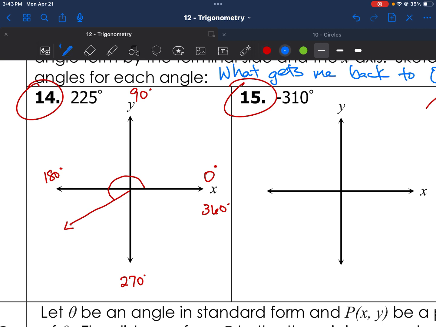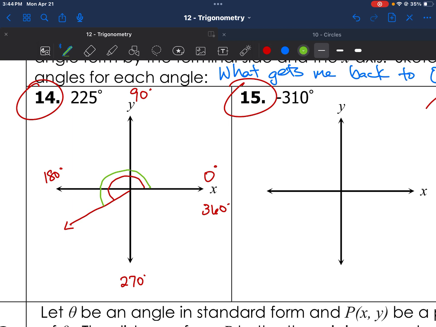So now the reference angle, where it's going to come into play, my reference angle is the amount that my terminal side, which is where we stopped, is away from the x-axis. So when I was drawing this, I did my quarter turn and then a half turn, and then I did not complete another quarter turn. Instead, I went from 180 and I went an extra little bit to get to 225. Well, how much was that extra?